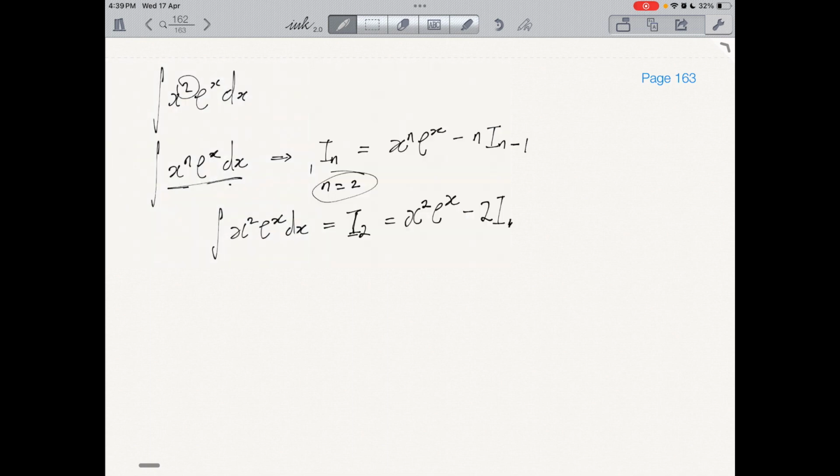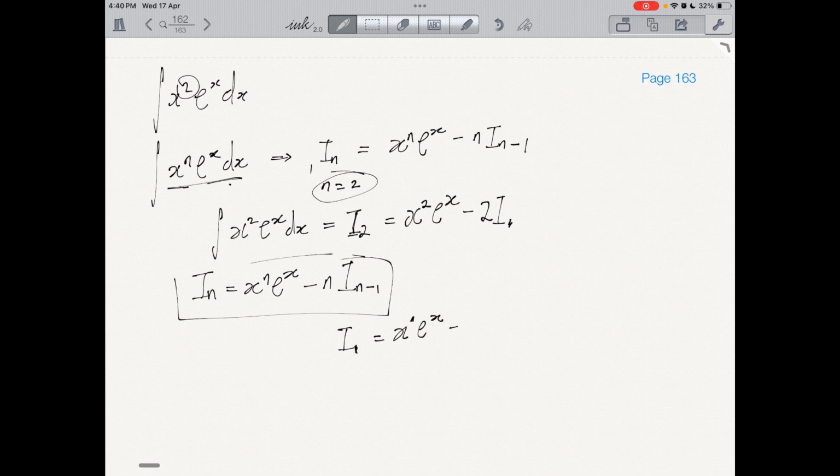Following the formula that In is equal to x raised to power n exponential x minus n In minus 1, then for I1, we are saying that n is equal to 1. Wherever we see n, we substitute 1. It will give us x raised to power 1 exponential x minus 1 times I naught.